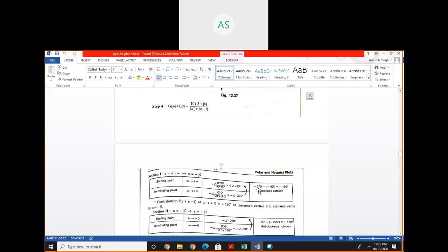So this is the final angle, final angle minus initial angle is given by minus 180. So the angle contribution is 180 degree in clockwise rotation.